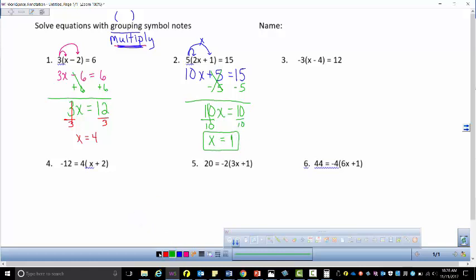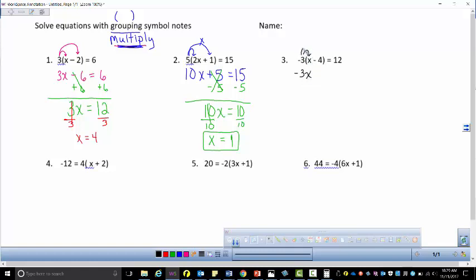Okay, now the next one, we're going to do again. This time we have to be careful because we now have a negative 3. So this one is different because it has a negative 3. I still have the quantity of x minus 4, and that means I'm going to multiply because I have parentheses. So I'm going to take negative 3 times x. That gives me negative 3x.